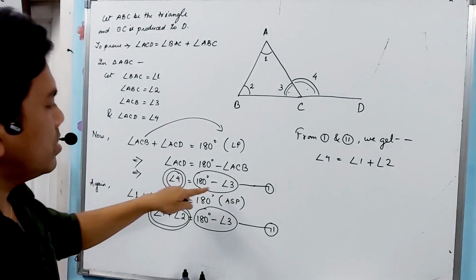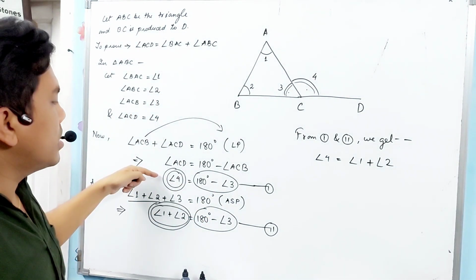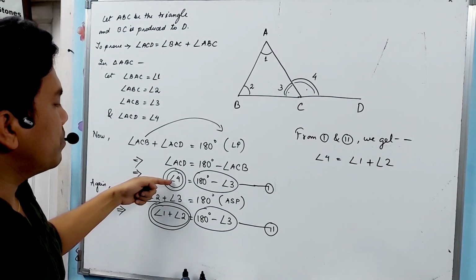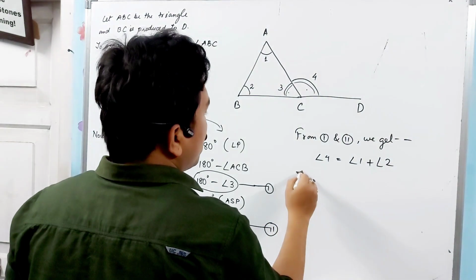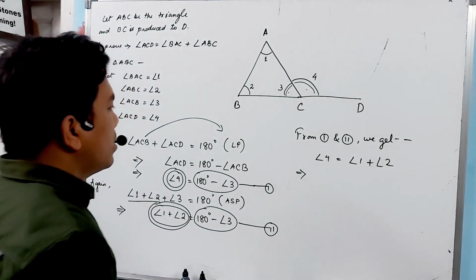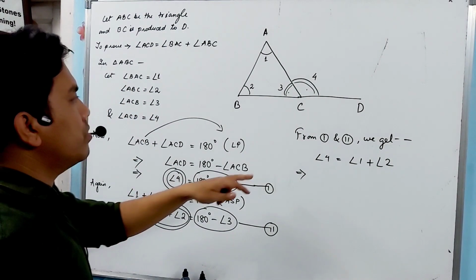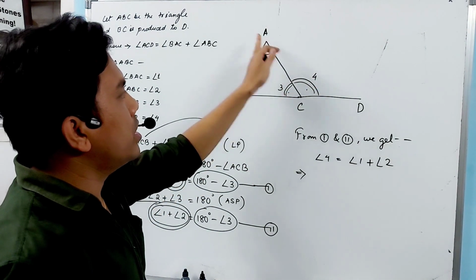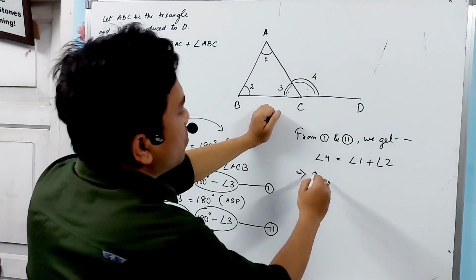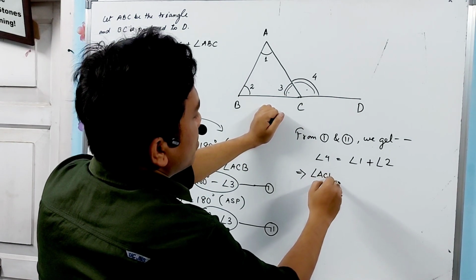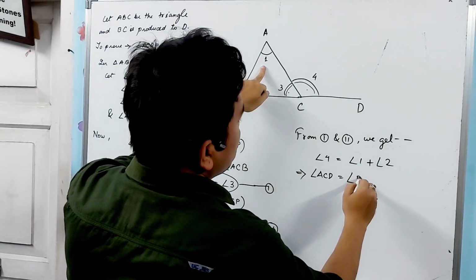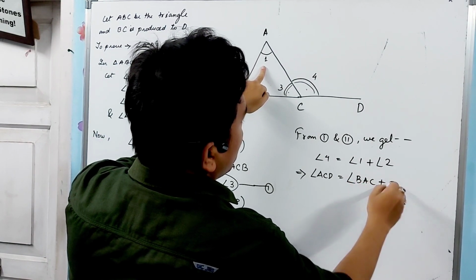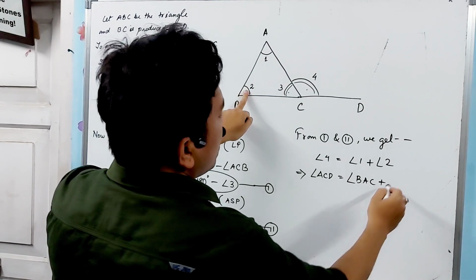As I told you, since the right hand sides are equal, we can say that the left hand sides will also be equal. So now we will simply replace angle 4. We just denoted angle 4 as what? ACD. In place of angle 4 we will write angle ACD. Angle 1 was represented as angle BAC and angle 2 was represented as angle ABC.